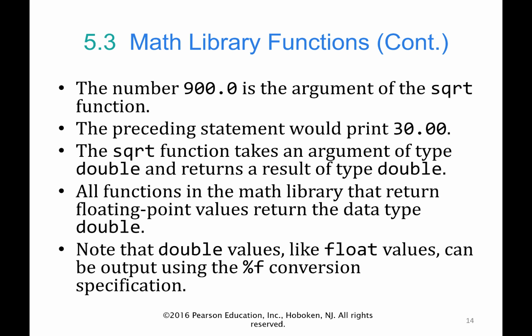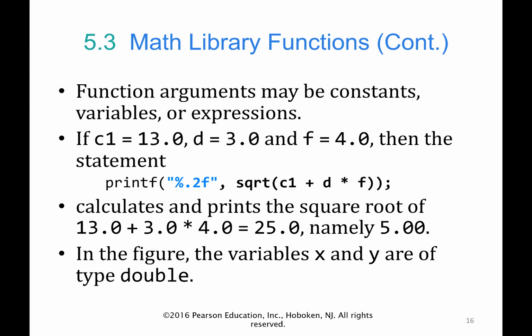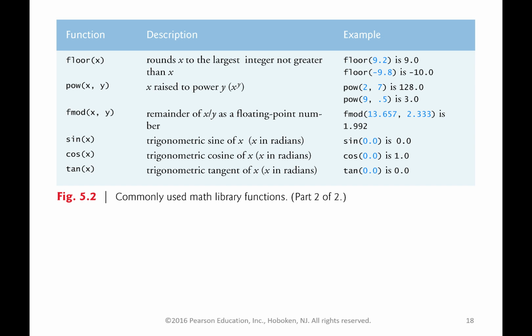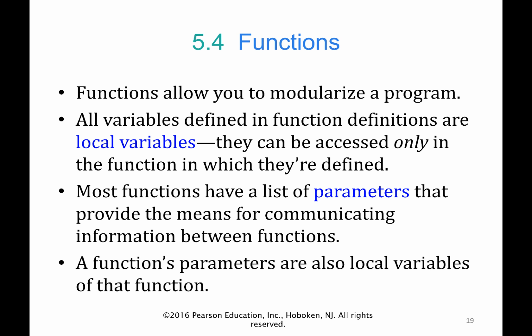Here's a list of some of them: square root, cube root, exponential e to the x, the log with base e, log with base 10, the absolute value of a floating point number, the ceiling, the smallest integer, the floor, the power. That's a very small set of functions in the C library.